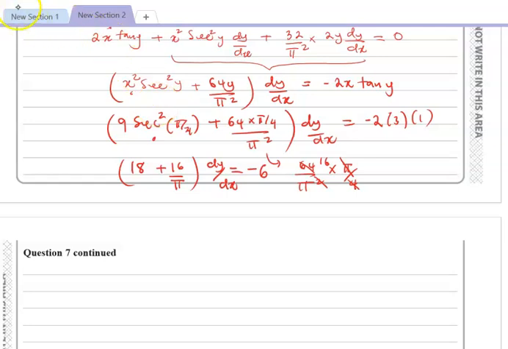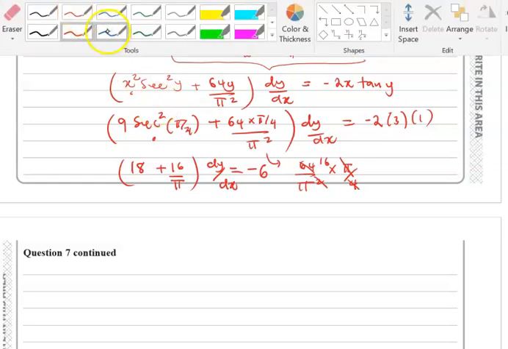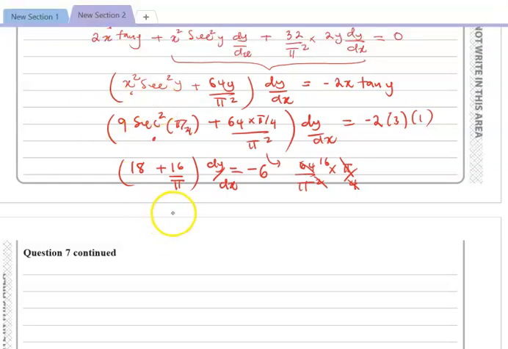So your final answer, what you have here as your final answer, you can try to simplify it over here. So you have 18 pi plus 16, all of it over pi, dy dx equals minus 6.